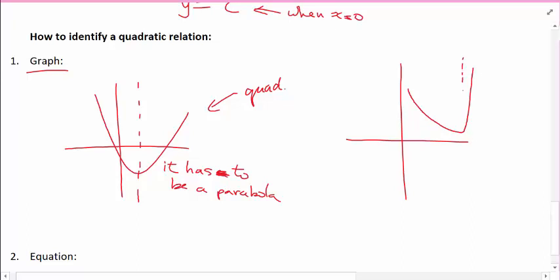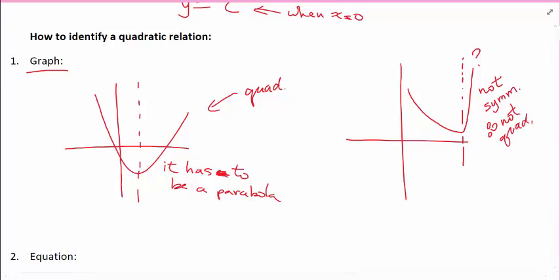Like, where is this axis of symmetry? Not symmetrical, right? Therefore, it's not quadratic. And if it's a straight line, it's going to be linear, okay?